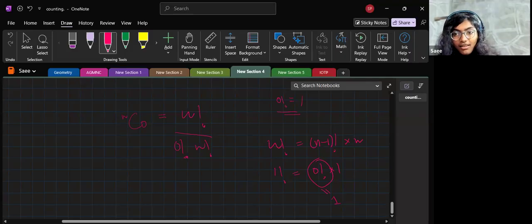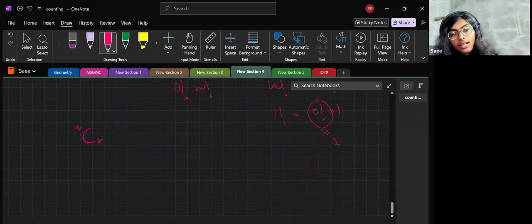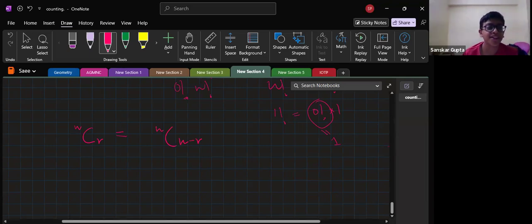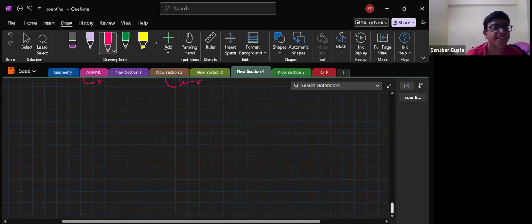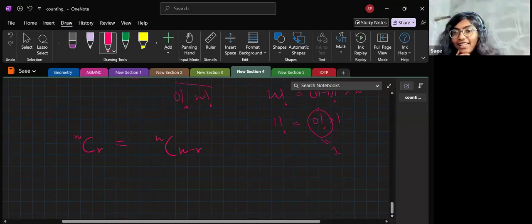Another way you can try to look at that is: can somebody argue that n choose r is the same as n choose n minus r? Yes, because choosing r objects is equivalent to leaving n minus r objects behind. So there must be a bijection between them. I love that you did not ask me to plug things into a formula.